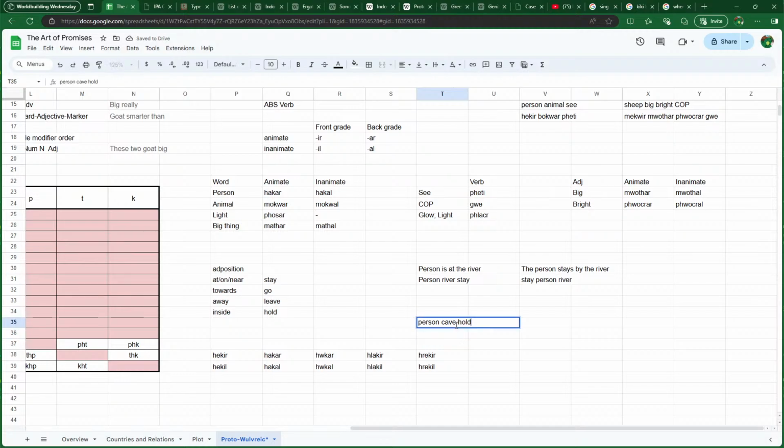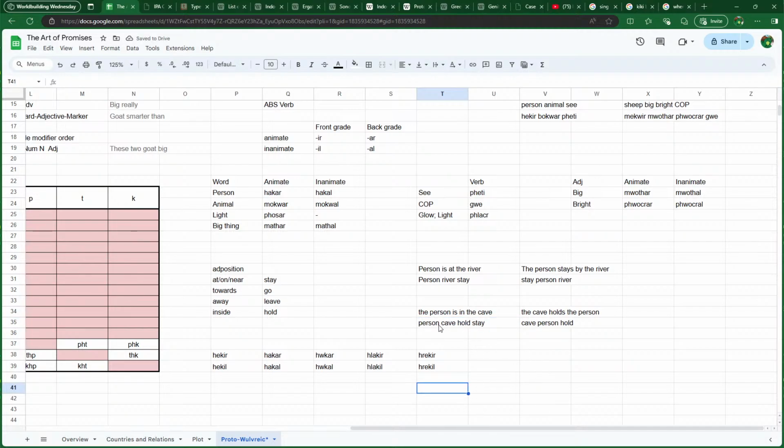The person cave hold. The person is in the cave. The cave holds the person. For this one, it would be cave person hold. Stay, right?